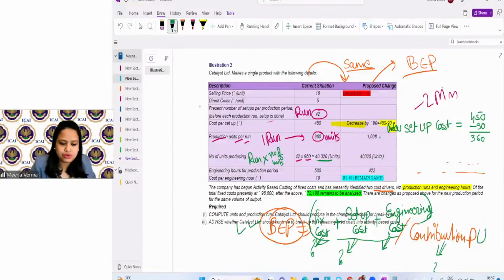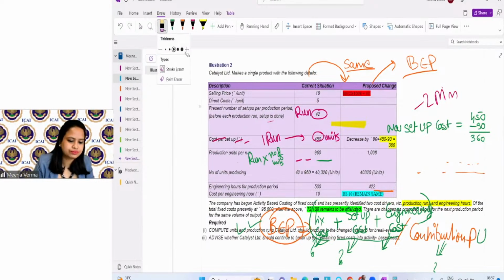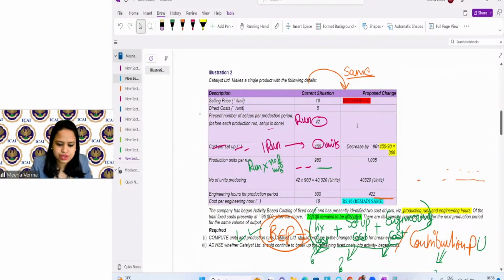Now I want to know in how many runs we are producing the goods here. I know how many units we are producing here: 40320 units, divided by the number of units we produce in one run.